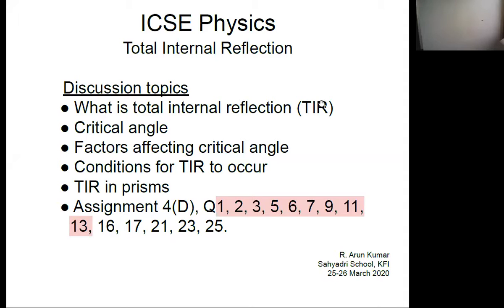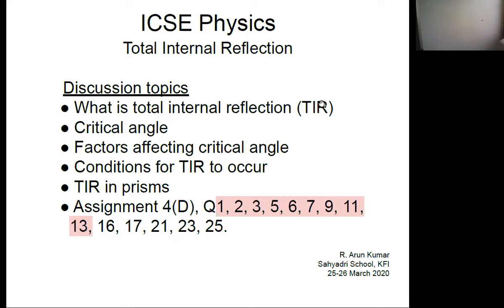Okay, very good. So this picks up directly from what we were discussing just yesterday, the last point that we had discussed, factors affecting the critical angle on page 94. It says over there that the critical angle for a pair of media is least for the violet light and most for the red light.